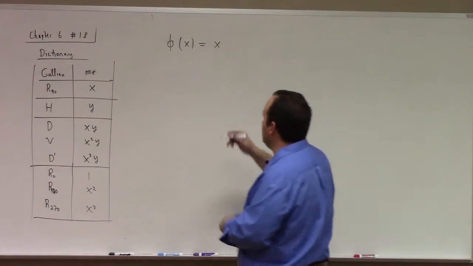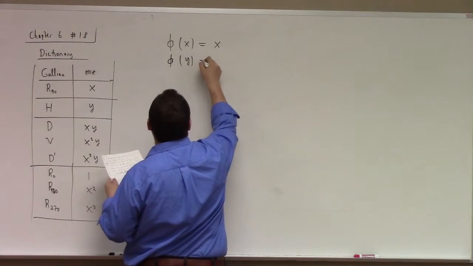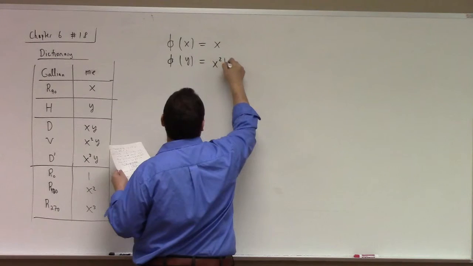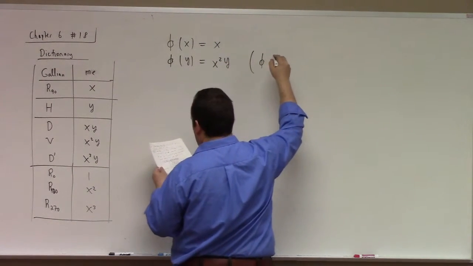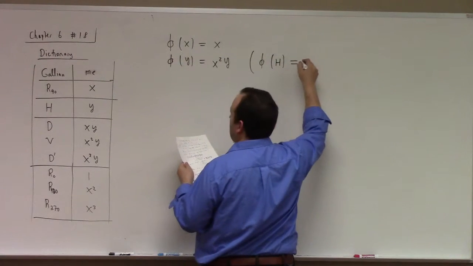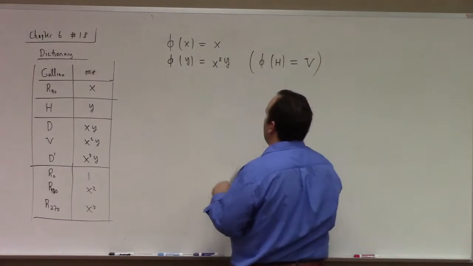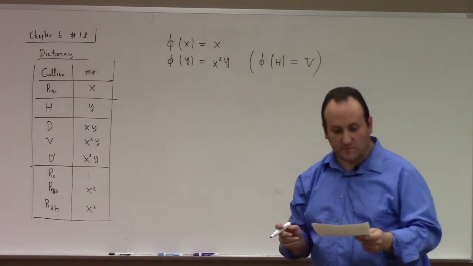And he also tells us that phi of y is x squared y. Or in Gallian's language, phi of H maps to V. But I prefer generators and relations for an actual calculation, which is what this is.